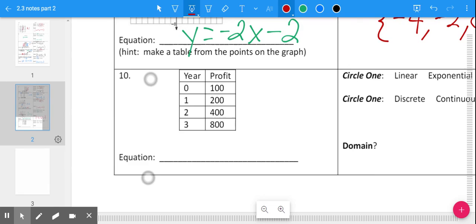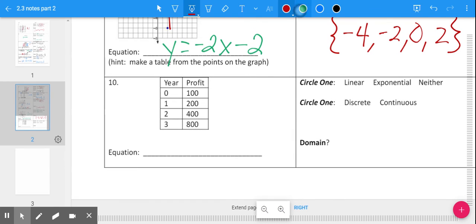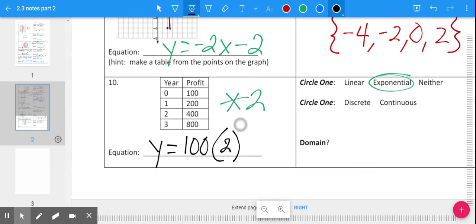And the last one, 100, 200, 400, 800 is exponential because you're multiplying by 2, which means our equation is 100 times 2 to the x, because we use the 0 term, your y-intercept.